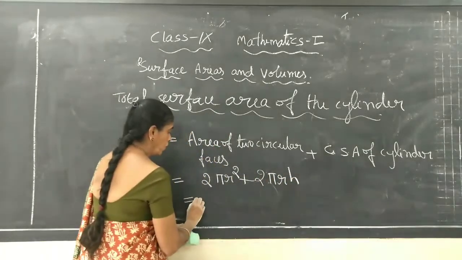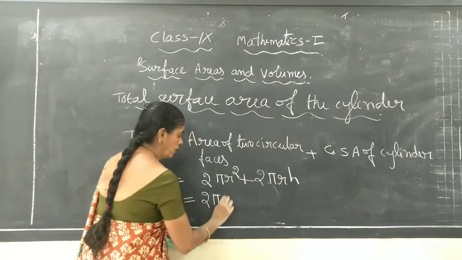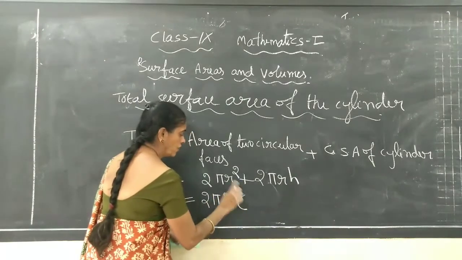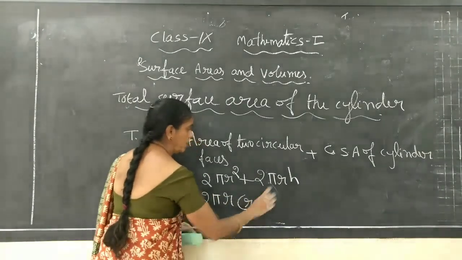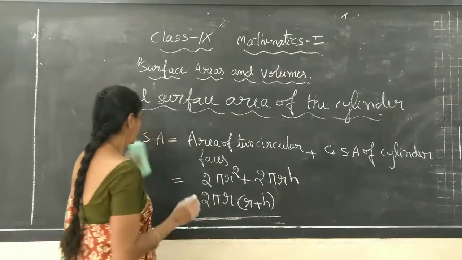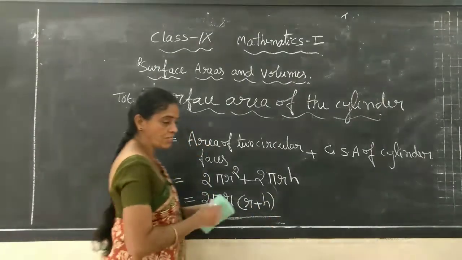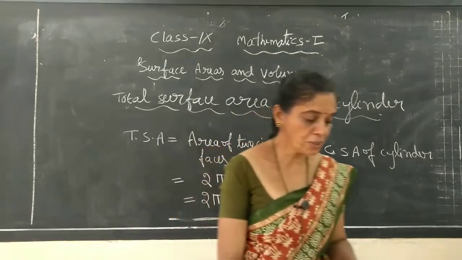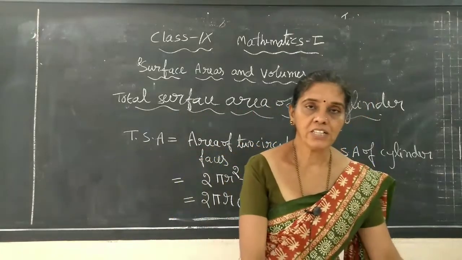Now keep the common factor 2 pi r outside. Here one r is left to multiply, here h is left. So this is the formula for the total surface area of the cylinder. You have to remember these two areas.